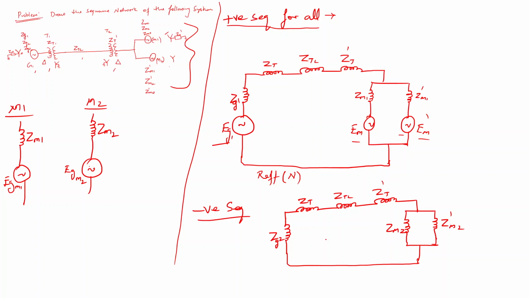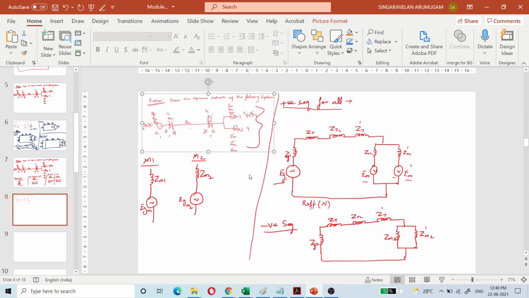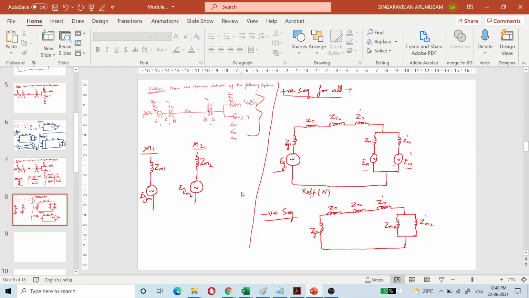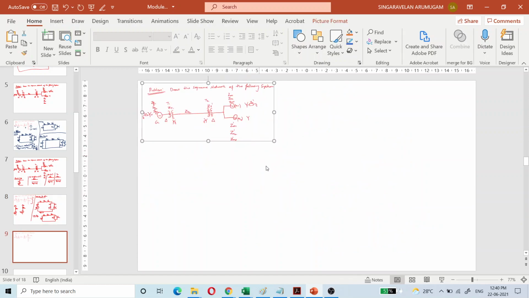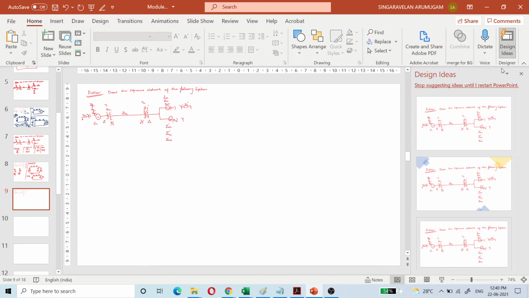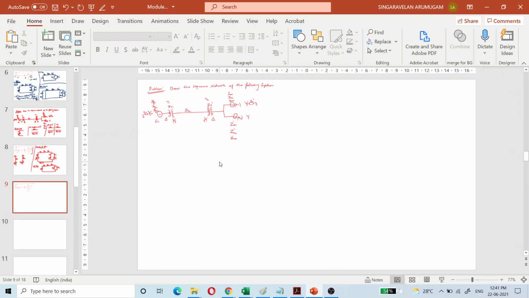Okay, now what is left out? Positive sequence and negative sequence I have drawn. So what is left out now? Can we go for zero sequence? Here you are going to tell why. A little bit of trick is there, that we need to implement the switching concept for transformer, correct or not?